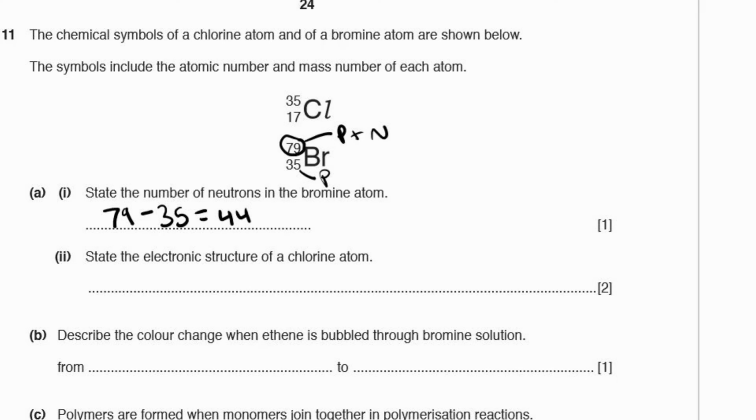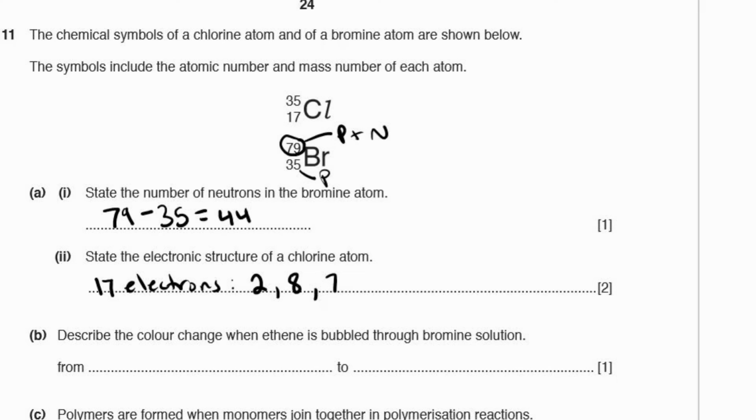And state the electronic structure of a chlorine atom. So a chlorine atom has 17 electrons, and those are arranged in the outer shells. The first one has 2, and there's 8, and there's 7. So 2 in the first shell, then 8 in the second shell, and 7 in the third shell.